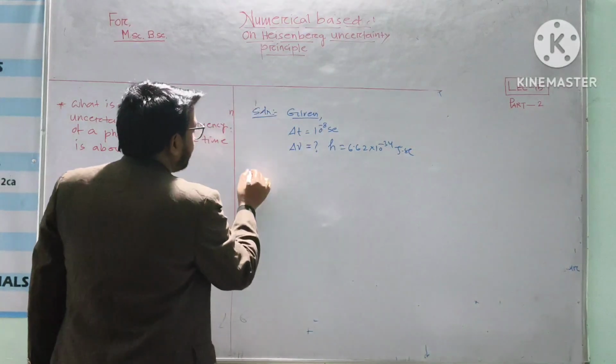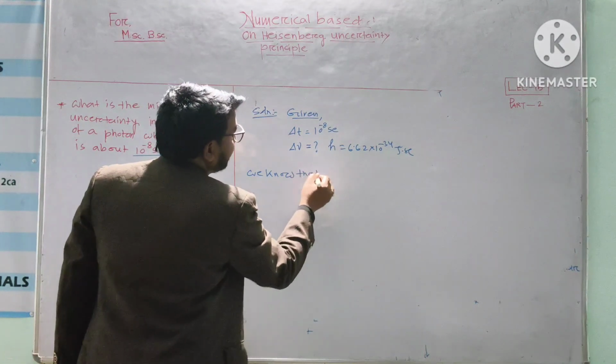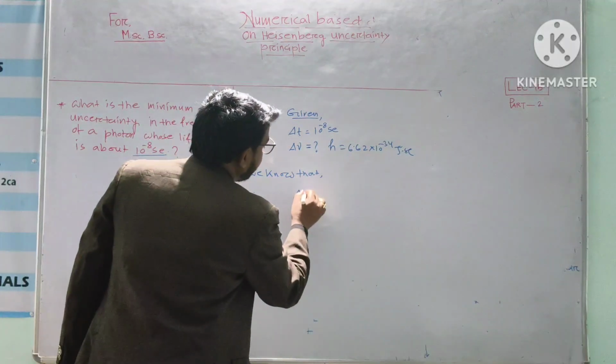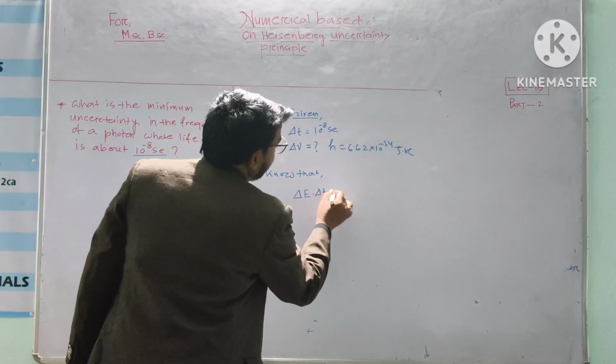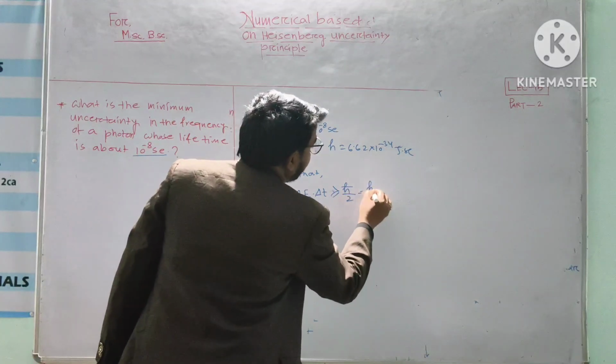We know the Heisenberg uncertainty principle in terms of energy and time: delta E into delta T is greater than or equal to h bar, which is h by 4 pi.